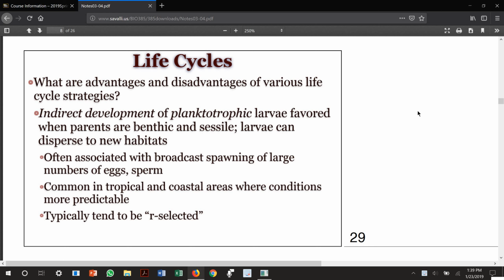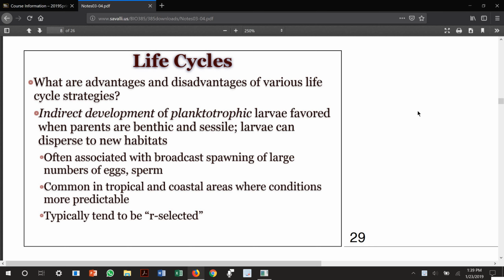If you're as an adult relatively immobile, then you want to use your larvae, which can drift around in the plankton until they're big enough to settle out. So having a larva that has a different appearance and a different lifestyle from you has an advantage, as it allows for dispersal.